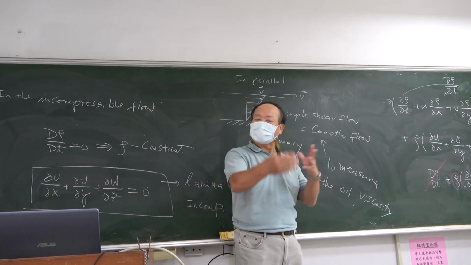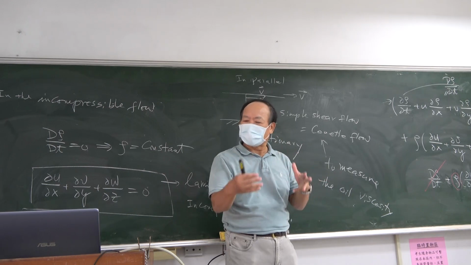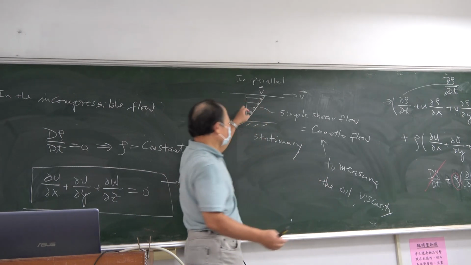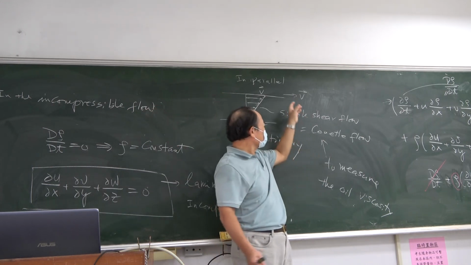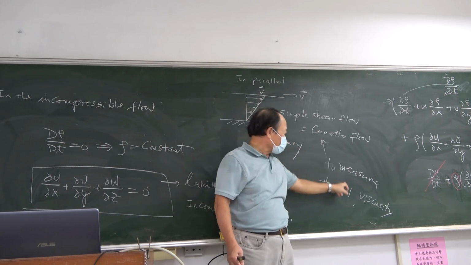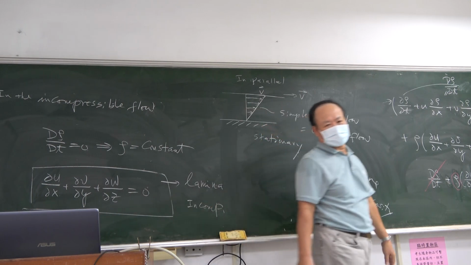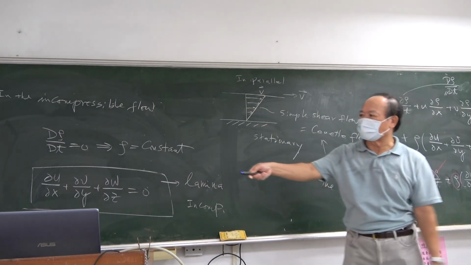We create the oil flow to be a simple shear flow. Now, if we have the simple shear flow, we can use this kind of instrument to obtain the oil viscosity. So this is the example.